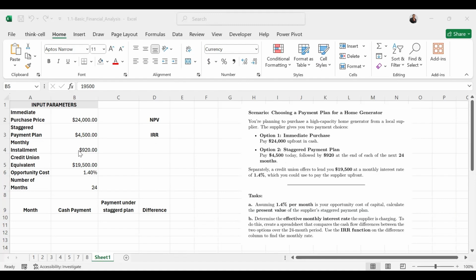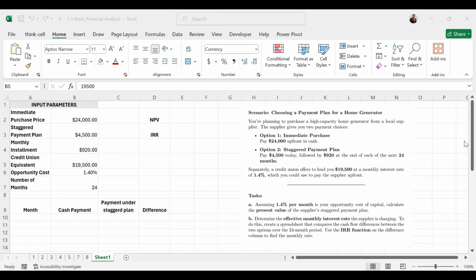And then monthly installment is $920. The credit union equivalent is $19,500, and then the opportunity cost as well as the monthly interest rate is 1.4%. Then the number of months that we are using is a 24 months period.